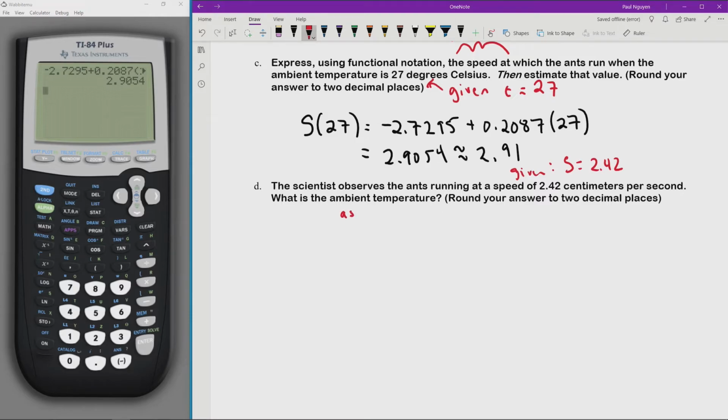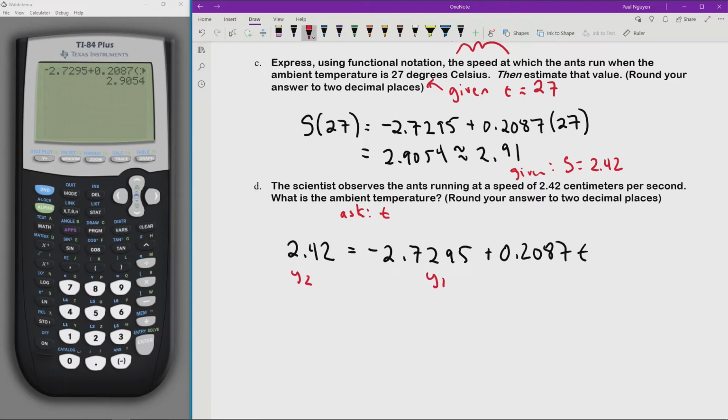And they're asking for what is the T that matches. When they give us the function value and ask for the variable value, we usually use the method of intersection to solve this. You can just solve it algebraically if you'd like, but we'll go ahead and use the method of intersection. The equation we're trying to solve is 2.42 equals negative 2.7295 plus 0.2087 times t. For what t does S equal 2.42?